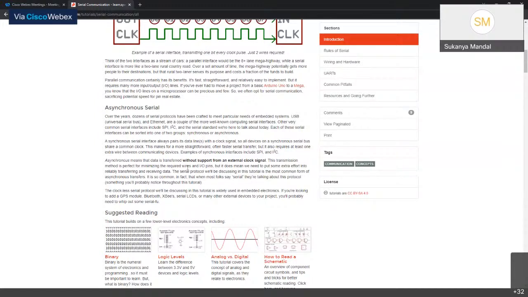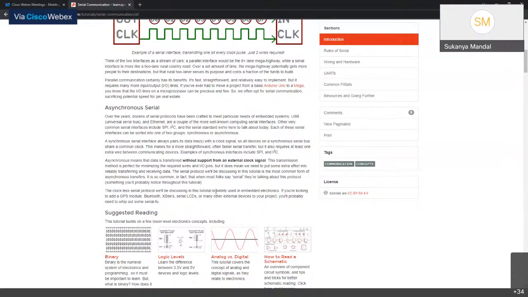But it does mean that we need to put some extra effort into reliably transferring and receiving data, because as there are no clock signals syncing at the same time, it becomes the responsibility at the program level to sync and capture every mode of communication that is being transferred and received.